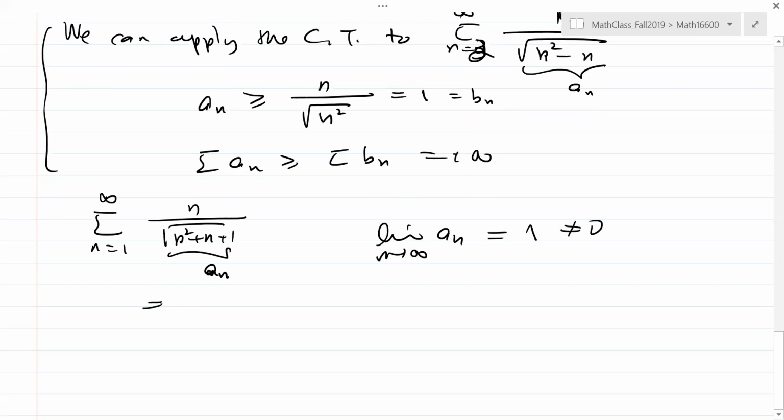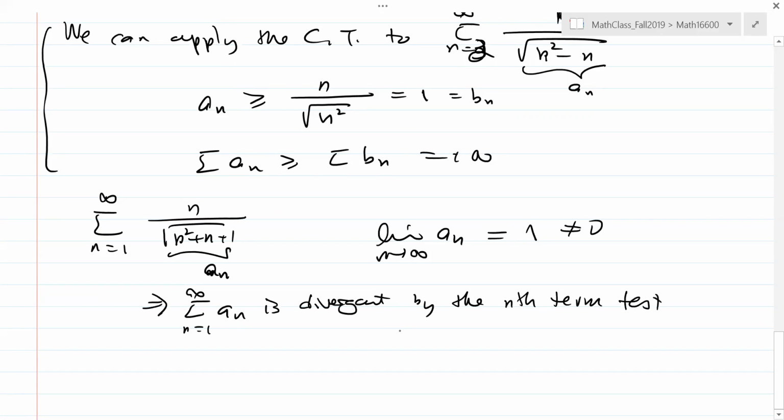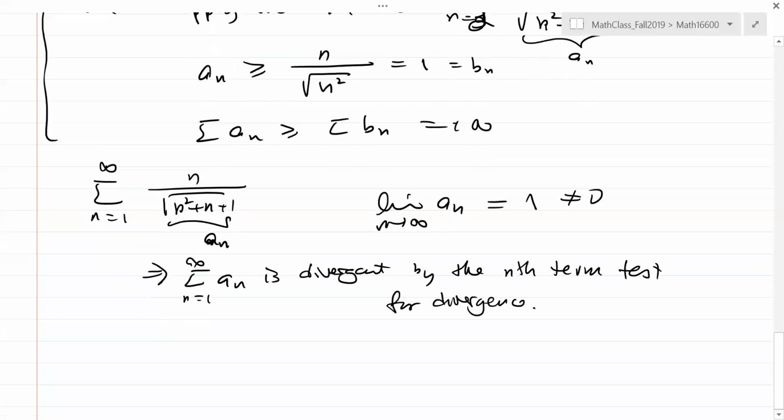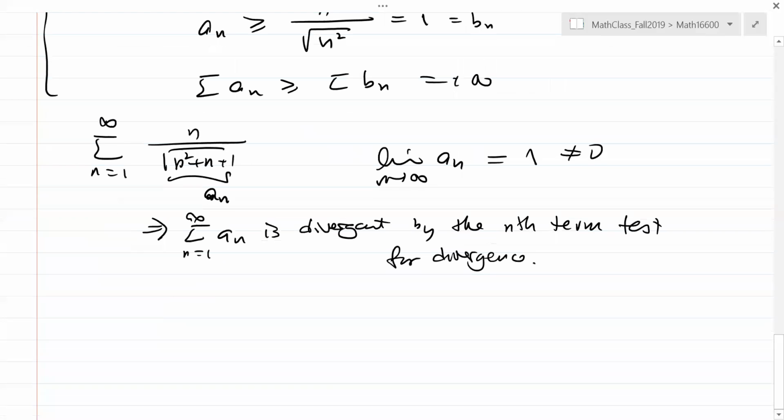Okay, therefore, this series is divergent by the nth term test for divergence. Just because this is special. Now, if I change the problem a little bit, I delete the n on the top, I cannot use this nth term test for divergence.